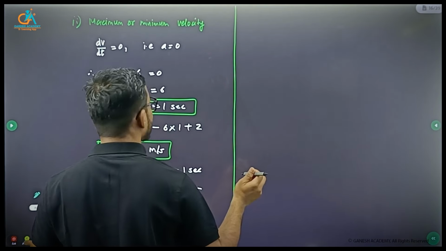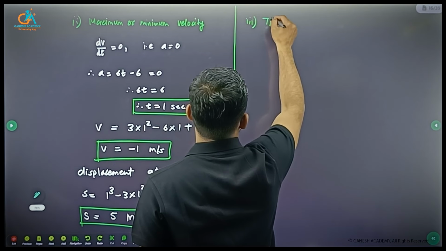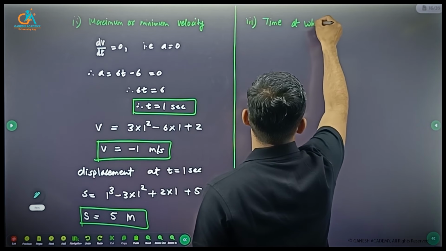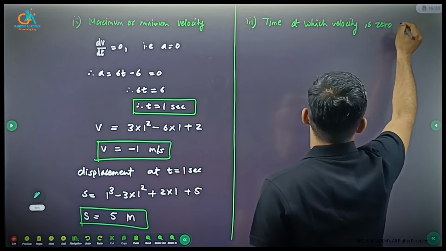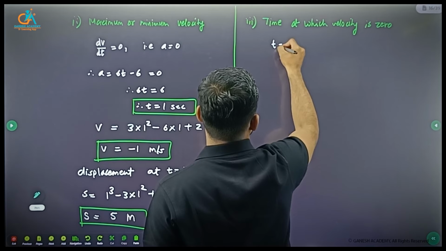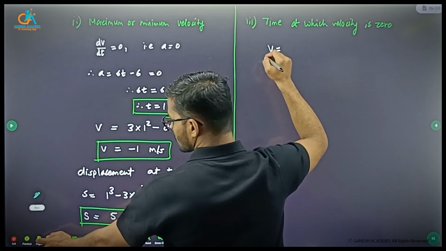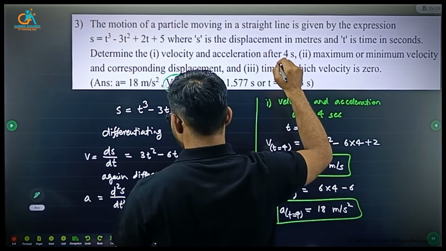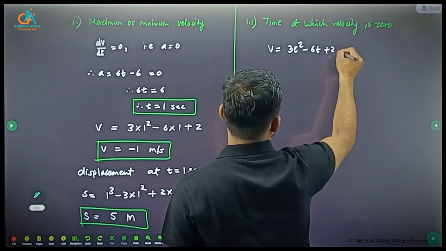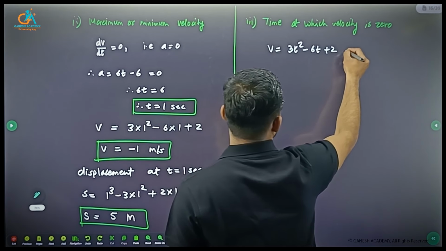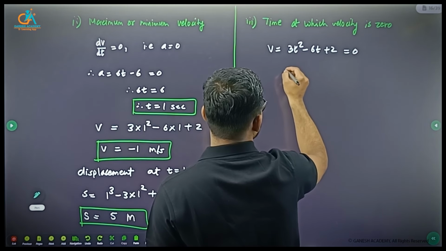So the time at which velocity is 0: velocity is equal to 3t square minus 60t plus 2, and substitute equal to 0. So solve this equation.